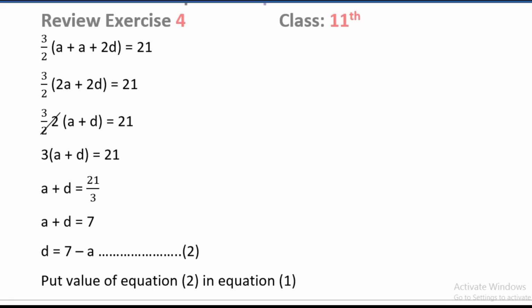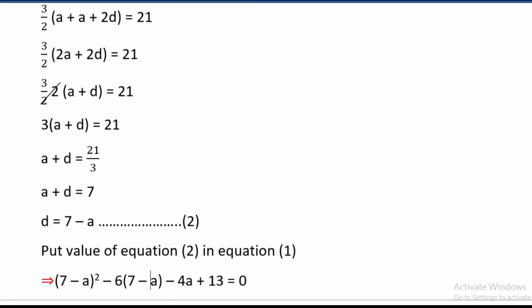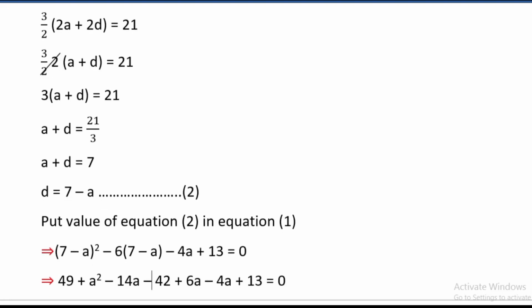Put the value of equation 2 in equation 1. So equation 1 becomes 7 minus a whole square minus 6 into 7 minus a minus 4a plus 13 is equal to 0. So 49 plus a square minus 14a minus 42 plus 6a minus 4a plus 13 is equal to 0.